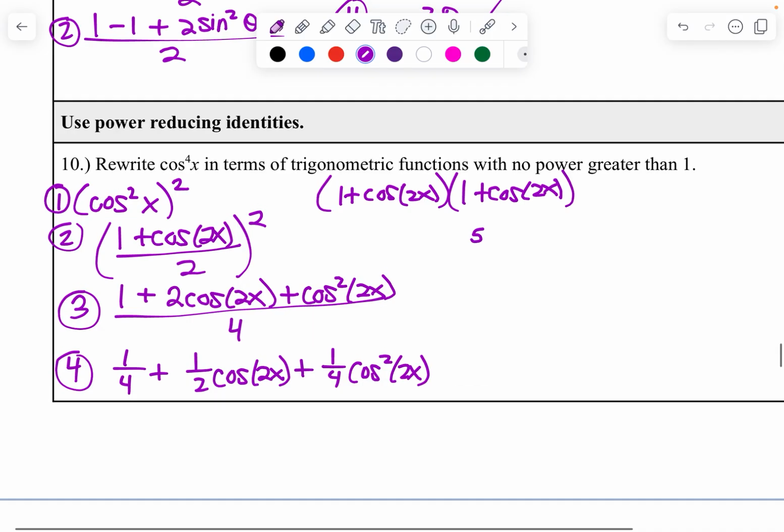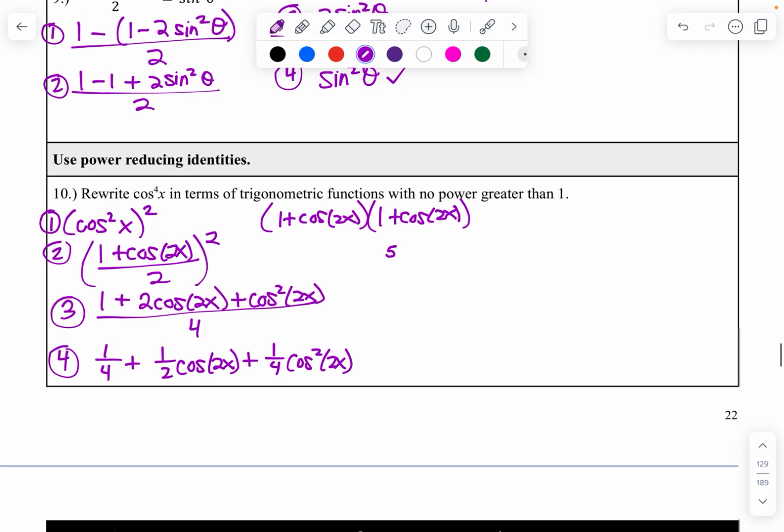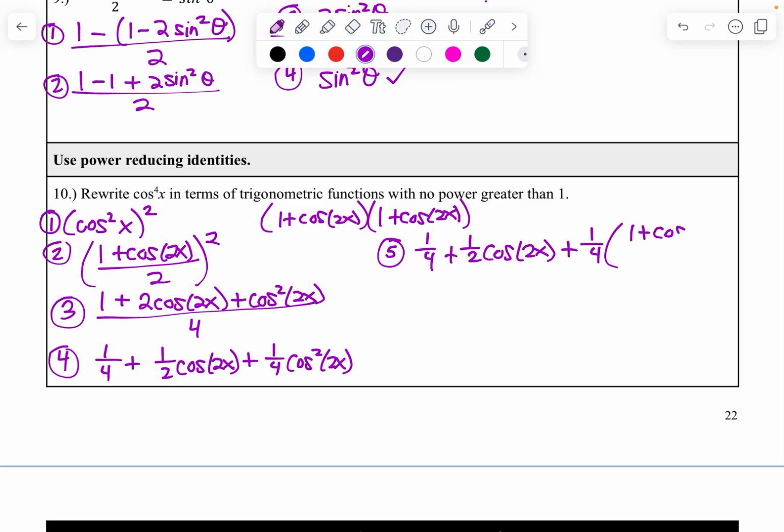So then we can replace that cosine squared of 2x with the power reducing formula. So 1 plus cosine of 2x divided by 2, sorry. There we go.